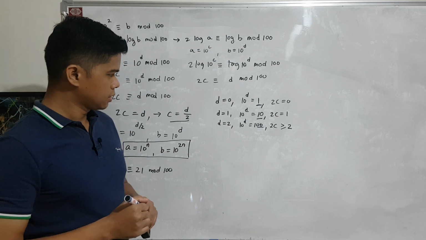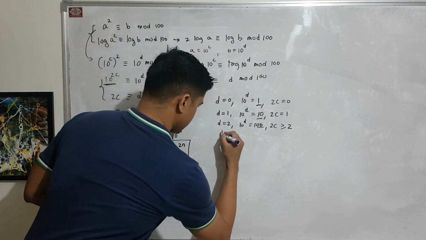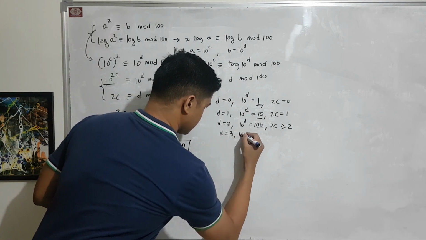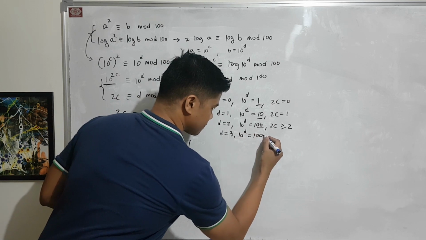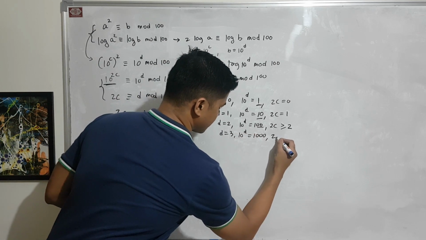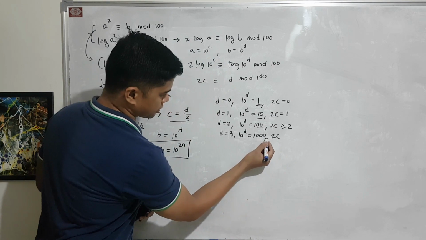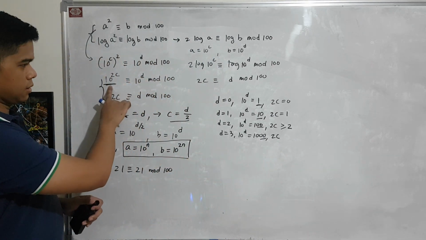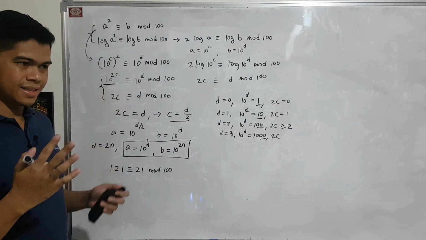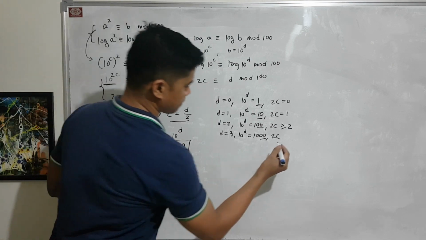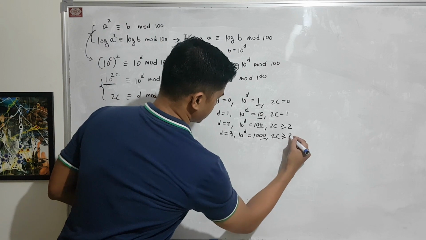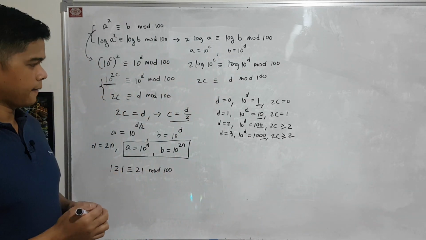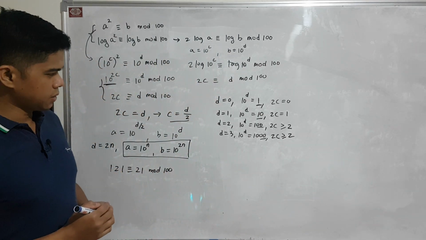Okay, so if you go D equals 3, this will give you 10 to the D equals 1000. And here, since again the last two digits are 2 zeros, the value of 2C must be at least 2, because when you raise the power to 2, you get the last two digits being 0. So what can we deduce from here?